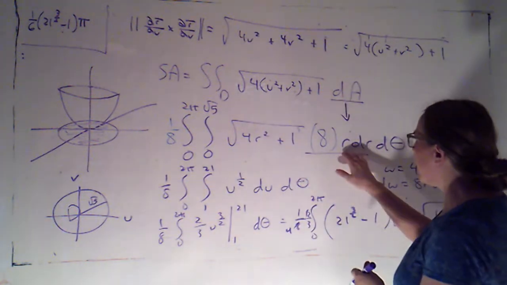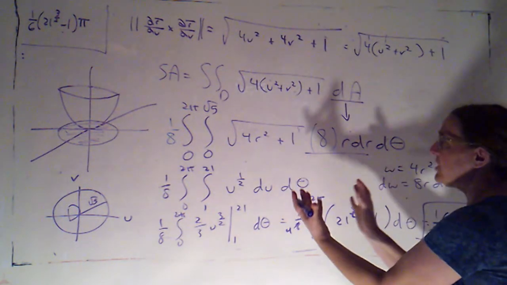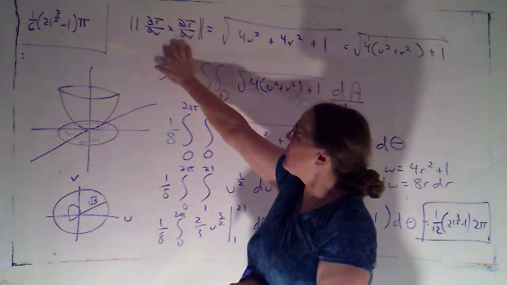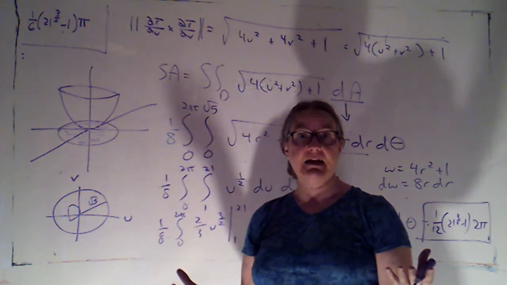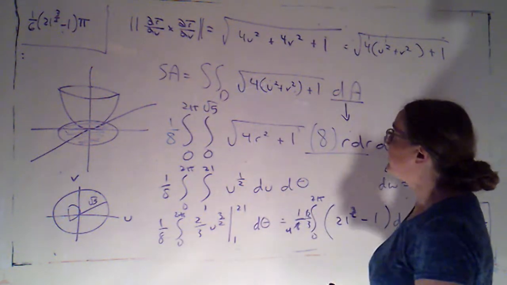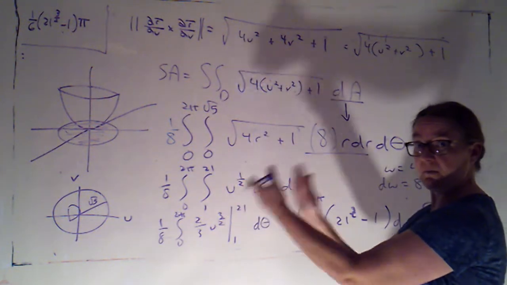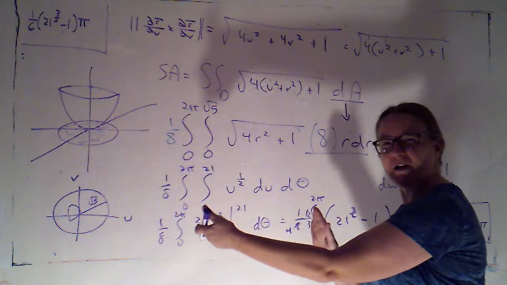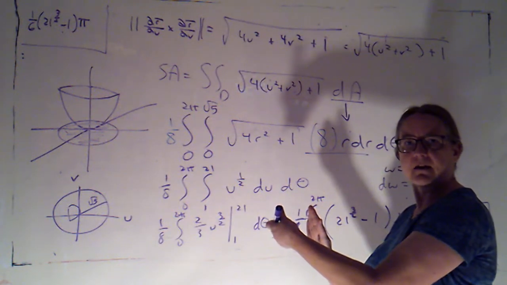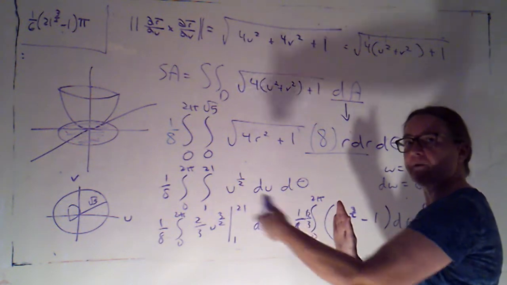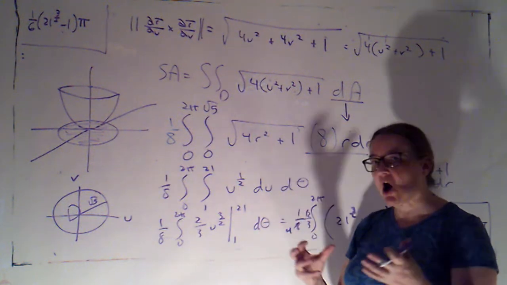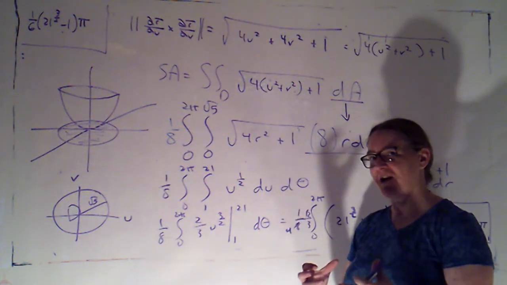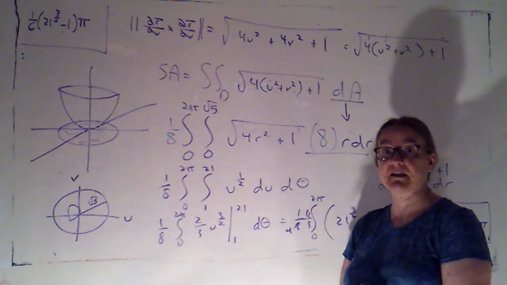Essentially, that r will be part of calculating what this is in terms of r and theta from the very beginning. Because now, instead of having just my first coordinate being u and my second coordinate being v, it's going to be r cosine theta, r sine theta. So those formulas for expressing x and y in terms of r and theta are part of the parameterization when I use r and theta as my parameters.